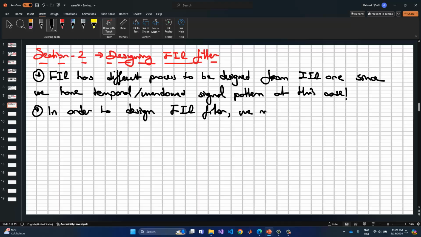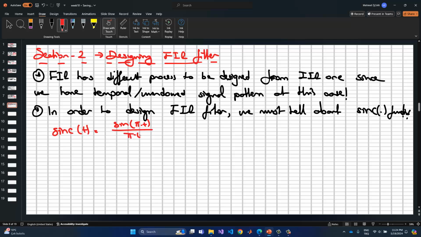we must talk about the sinc function, which is written as sinc(t) equals sin(pi t) divided by pi t.